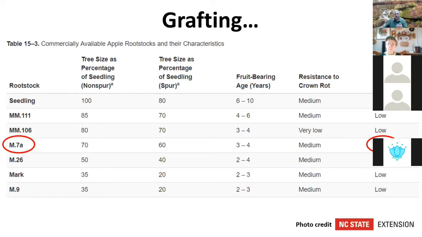But when you're doing that, really pay attention. Or if you order your own, typically that needs to be done in the fall of the year, late summer, very early fall, to make certain that you get that rootstock in. And when you order that, pay attention not only to the size, but more importantly, what those varieties are resistant to.